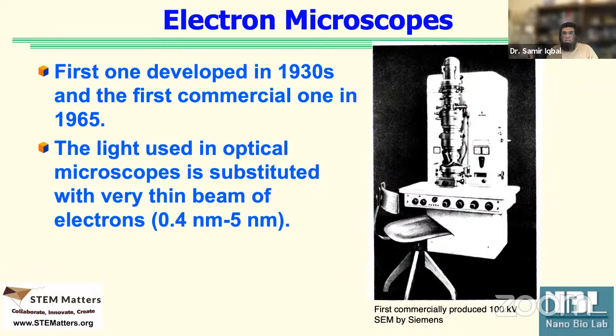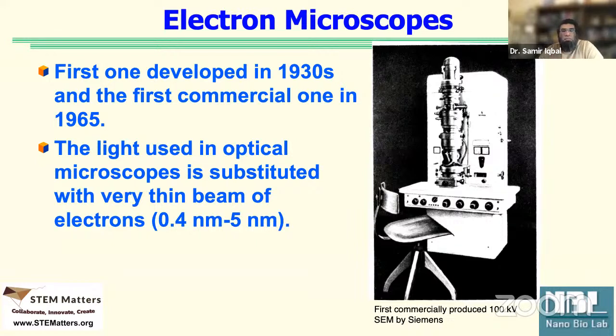Here, we are not using light to shine the sample, right? In an optical microscope, we shine it. But here we throw electrons at the sample, and in response to throwing these electrons, we get some electrons that are emitted back from the sample. We capture those with detectors, and from the time of flight of those electrons from the surface to the detector, from different levels, we create an image using that information.